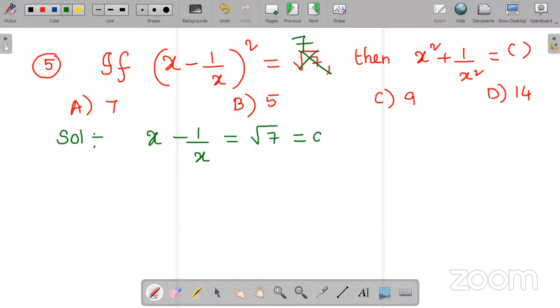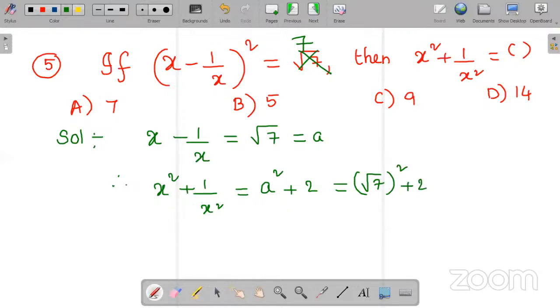This is a. Therefore x square plus 1 by x square is equal to a square plus 2, that will be root 7 whole square plus 2. So 7 plus 2 is equal to 9. So 9 is the right answer. So C is the right answer.